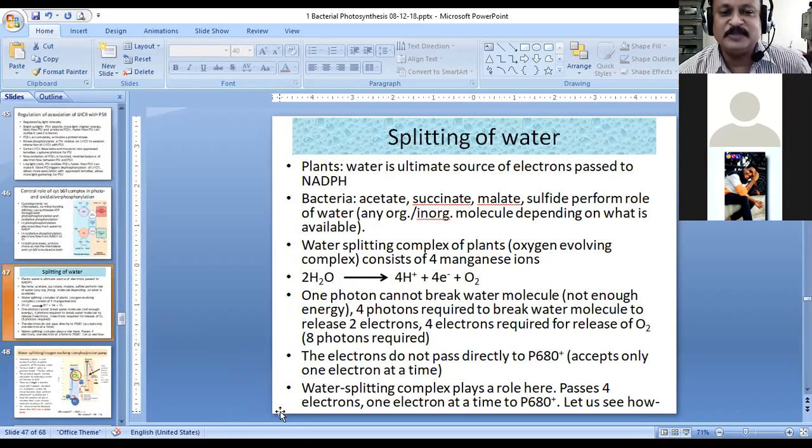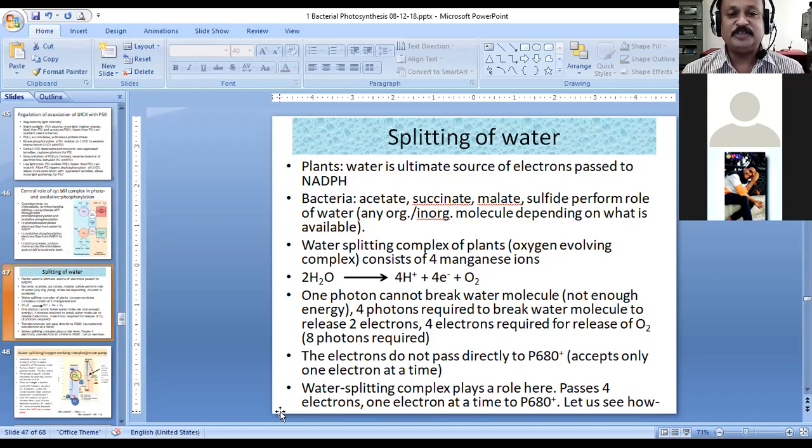The reason I'm saying this is that the electrons which go to the reaction center molecule come from the water, of course. The reaction center actually takes up one electron at a time, one by one. Whereas when two water molecules split, all 4 electrons are immediately released.